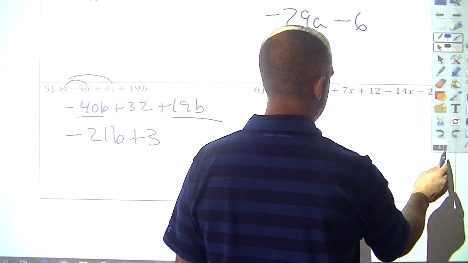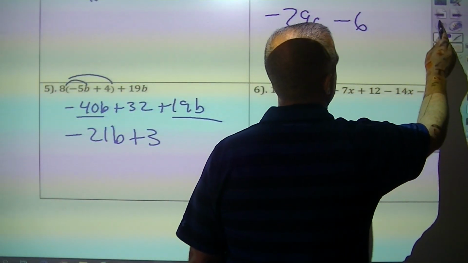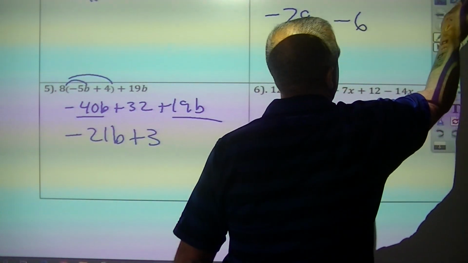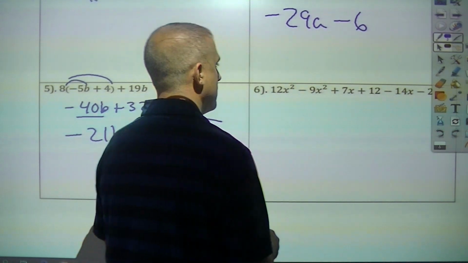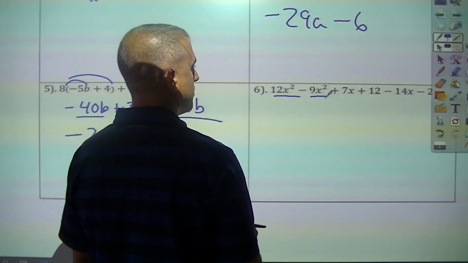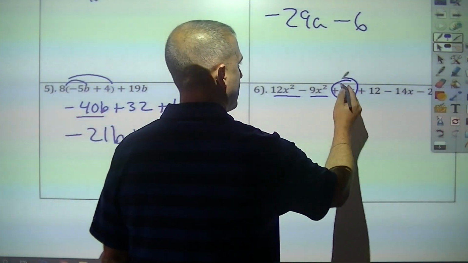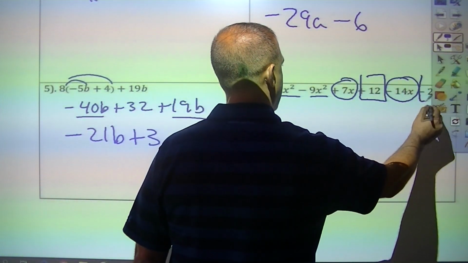You can't really see this question here. Let's see. Yep, that's a minus 2. So what I have here is I have this and this. Those are like terms. 7x, negative 14, and then 12 and negative 2.